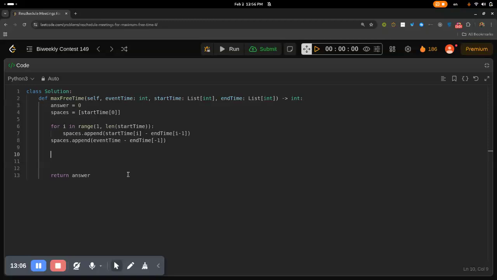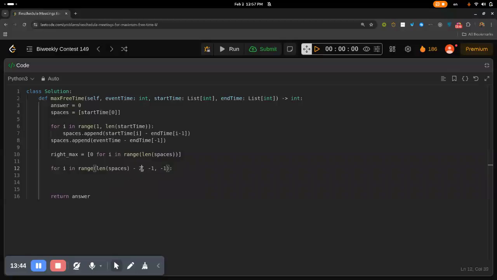So we say right maximum, and this is going to be for all the spaces, going to be 0 in the beginning, and starting from the back, spaces -2, -1, and this actually shows that we're coming from the end to 0, and we're going to decrement each step by 1.